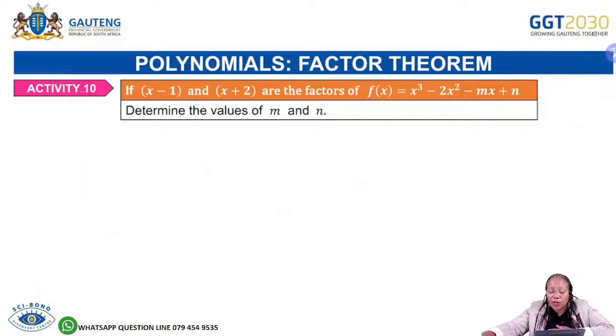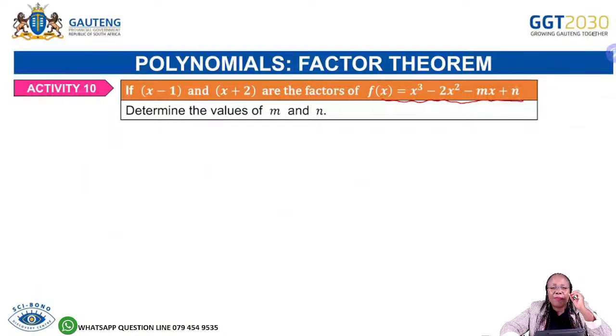All right, grade 12. Now the next activity: if x minus 1 and x plus 2 are factors, we are given 2 factors of that cubic function. The function is f of x equals x cubed minus 2x squared minus mx plus n.